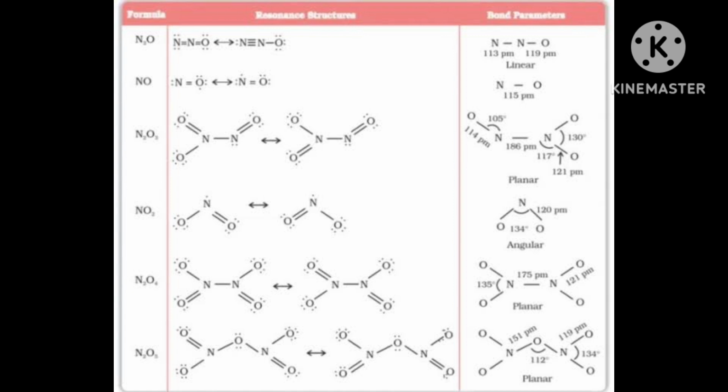For the second nitrogen there will be no change, it is as it is. In the first structure both oxygens had a double bond with N, but now in the second structure only the first nitrogen's structure will interchange: which was double will come single, and which was single will come double. Correct? This is also a resonance structure.